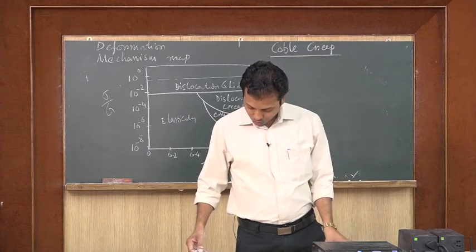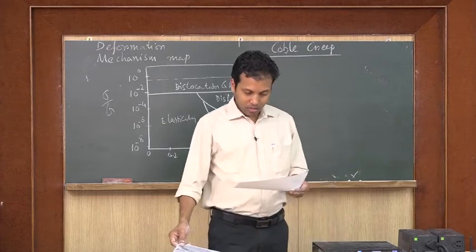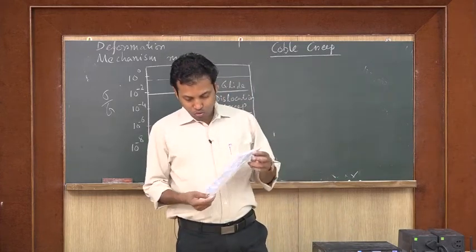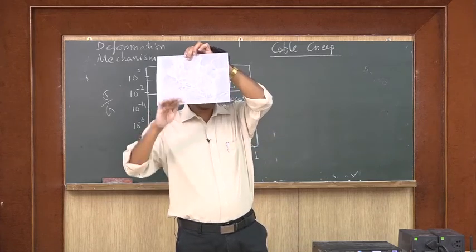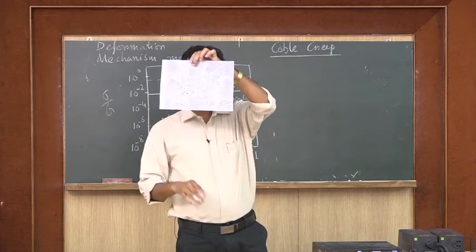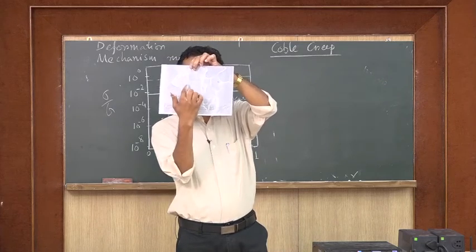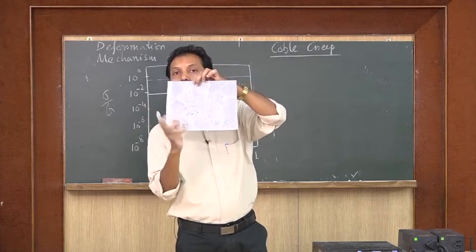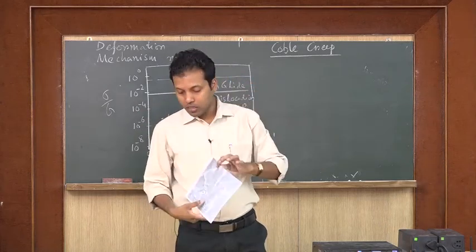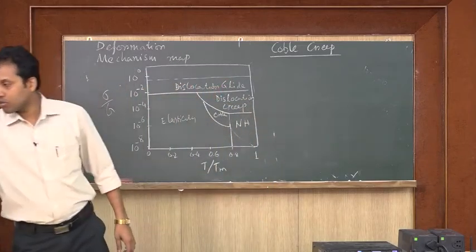In these materials we made some scratches, but due to creep deformation, in one case it has deviated from linearity, in another case there is some amount of crack formation, and in another case some rotation is there, that means the linear straight line has got rotated. So, this kind of deformation mechanism we can see.